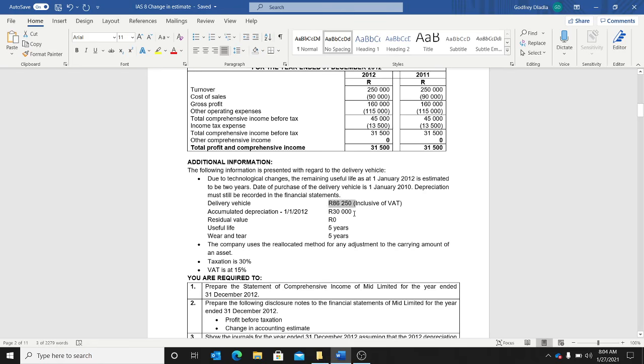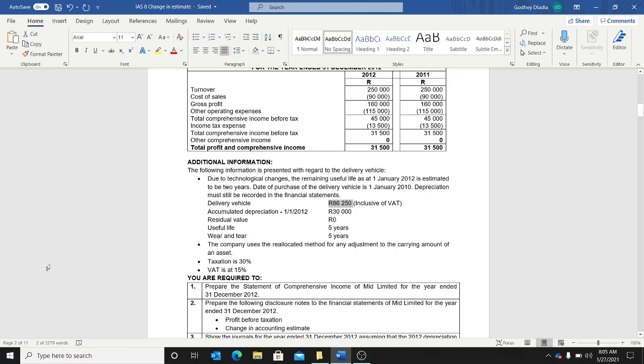Now, let's then look at this. We've given you the accumulated depreciation here as 30,000. If you then take the cost of the asset, which is this one, then you exclude VAT from it. 86,250 multiply by 100 divide by 115, it gives you 75,000.